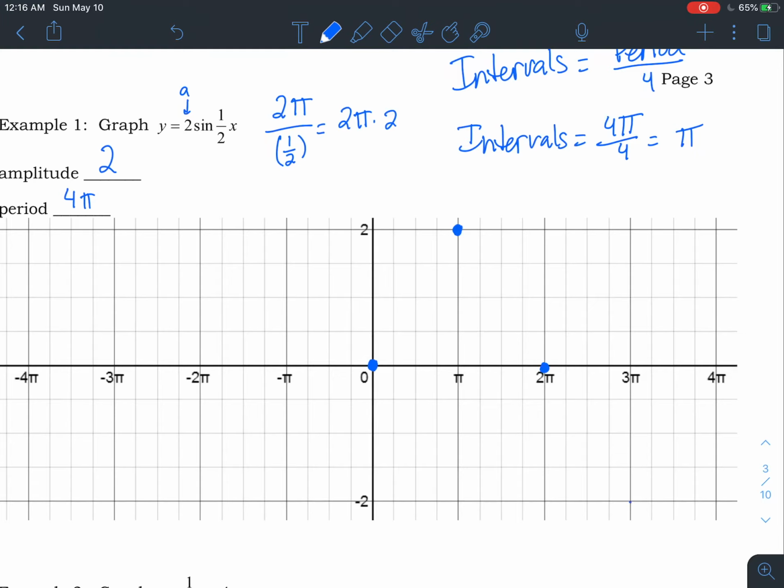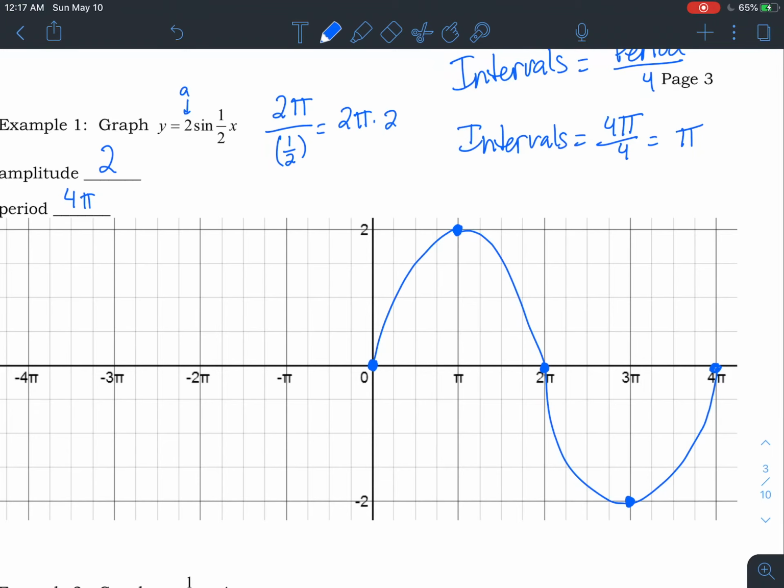Down to 0 at 2 pi. Back down here at 3 pi, and then back to 0 for 4 pi. And again, try and make a nice smooth curve. There we go. A nice sine function.